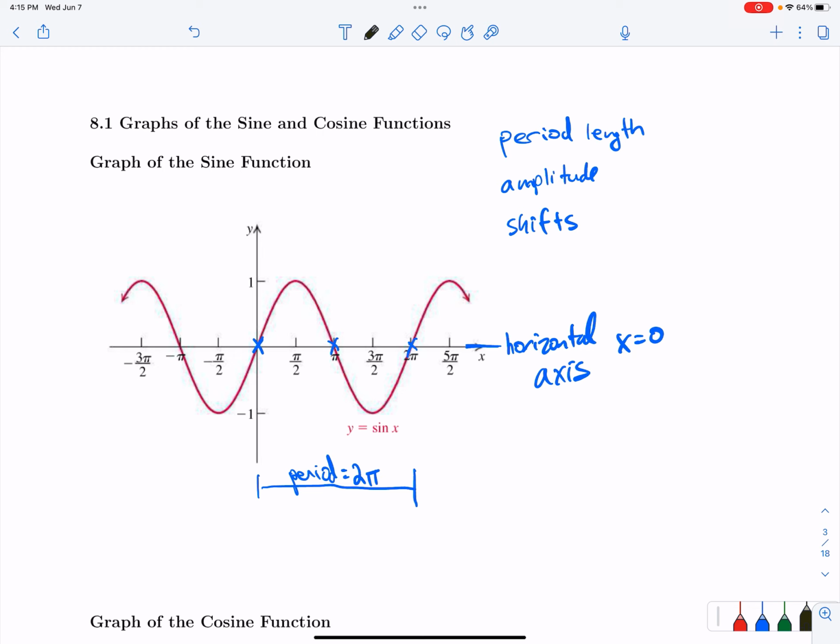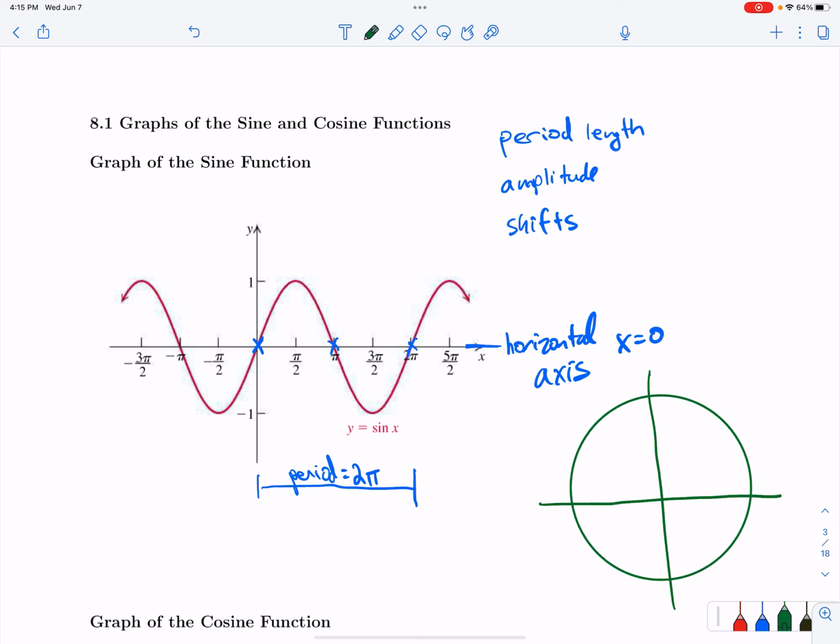So these values are equal to 0, and they correspond to what we see on the unit circle. So if I draw a circle here, okay, and if I go around, well, remember the sine values are the y coordinates on the unit circle. So this coordinate right here is 1, 0. If I go around, this one is negative 1, 0.